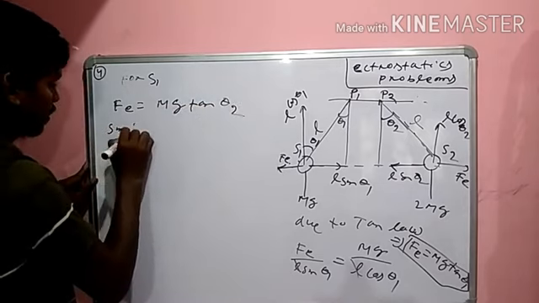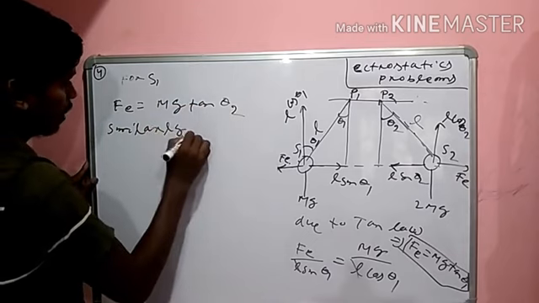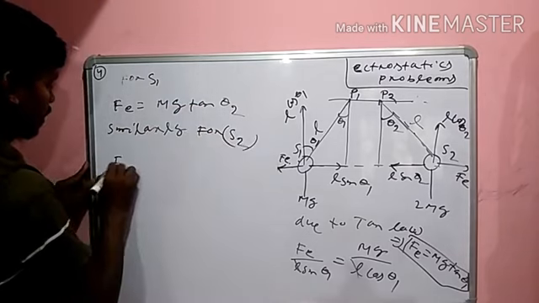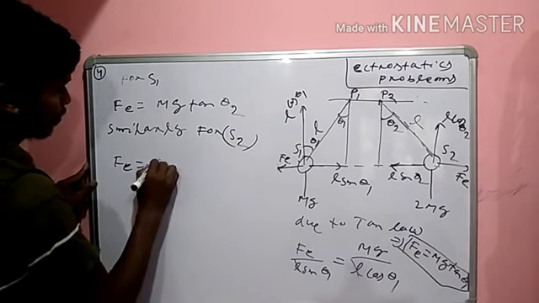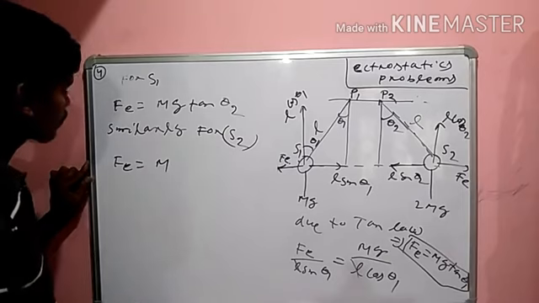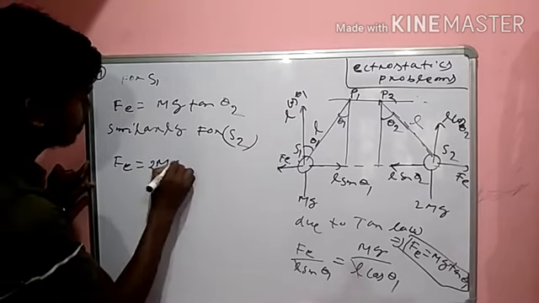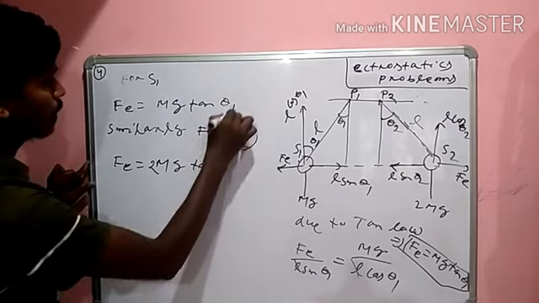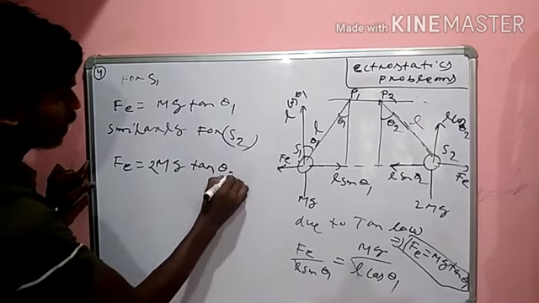Similarly for S2, F is equal to 2mg tan theta 2.